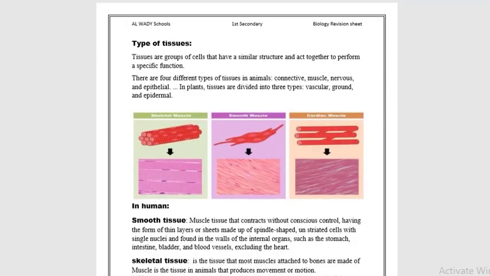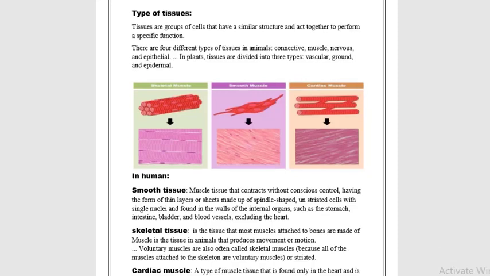Next, we are talking about the types of tissues. Tissues are a group of cells that have a similar structure and act together to perform a specific function. We have three main tissues inside your body. In the muscular tissue: skeletal muscle, smooth muscle, and cardiac muscle.